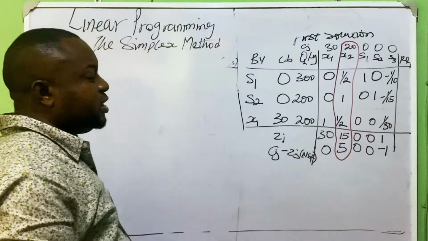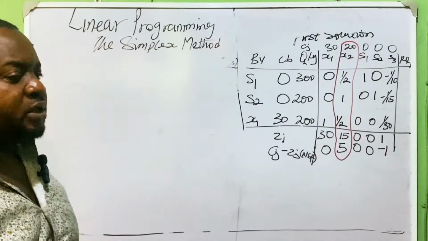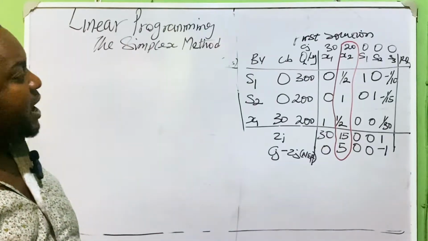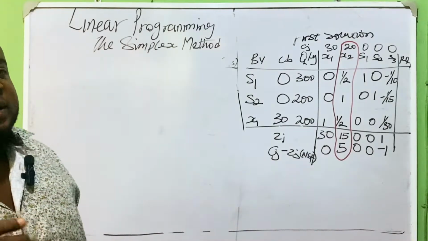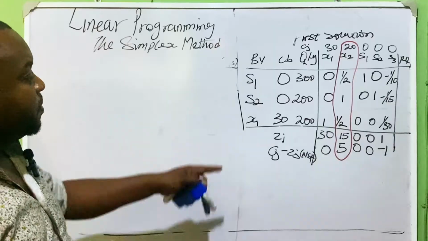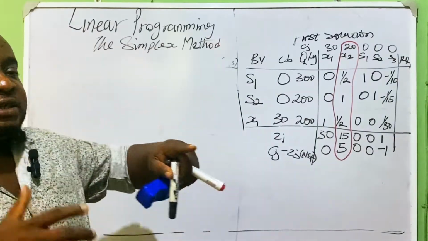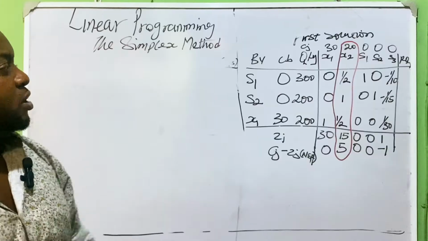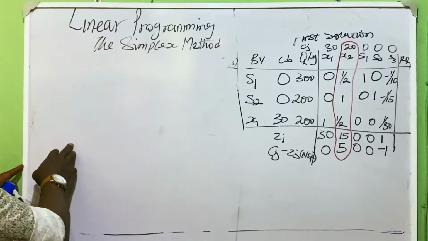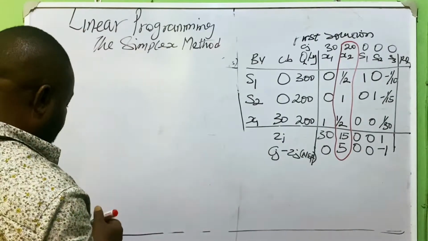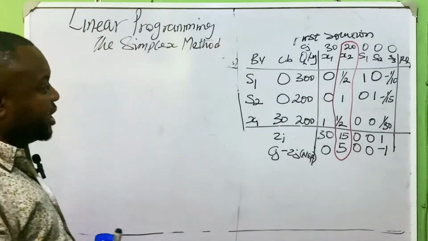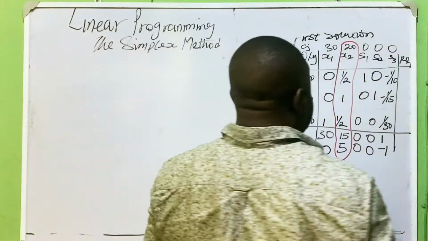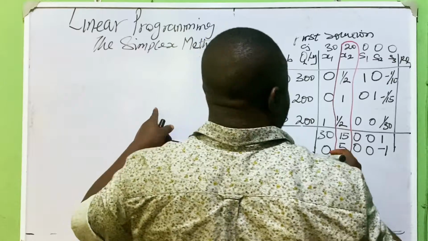And the rule says the RQ, the replacement quantity that has the least non-negative value would be the one that comes out of the basis. So we are going to determine that and use it to design our next program.